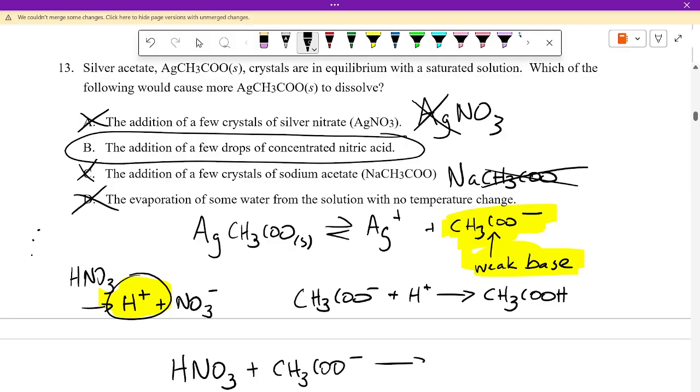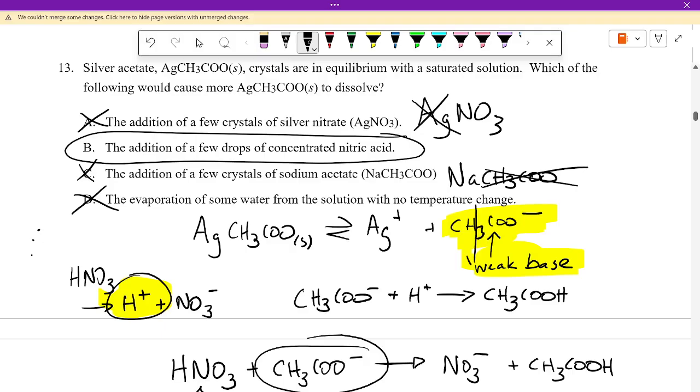Even if we don't do it as a net ionic equation, what you can see is that that's going to be a one-way arrow because HNO3 is strong. And so our products are not just favored, it goes to completion. And therefore, because we have lost that, this will decrease and it will shift that way, making it more soluble.